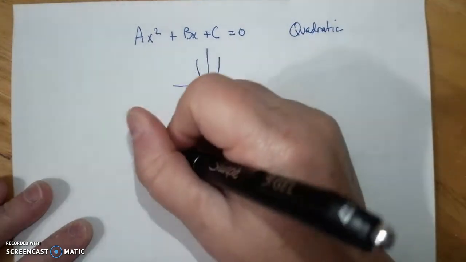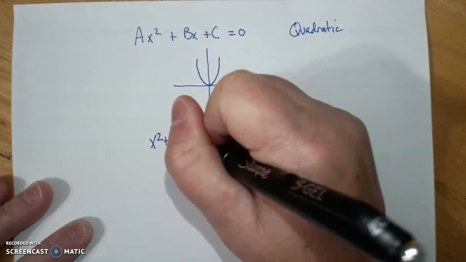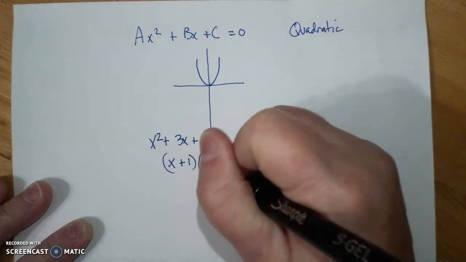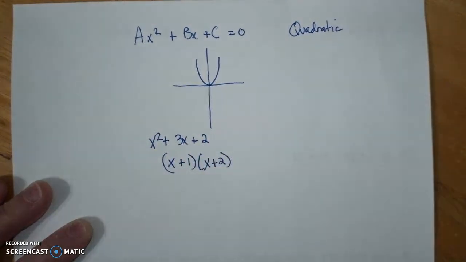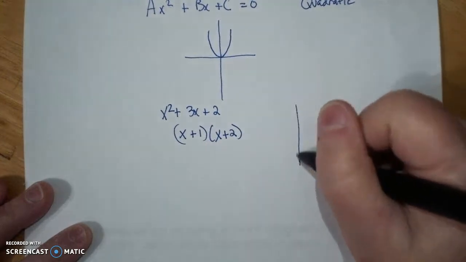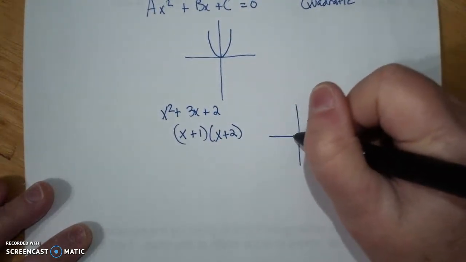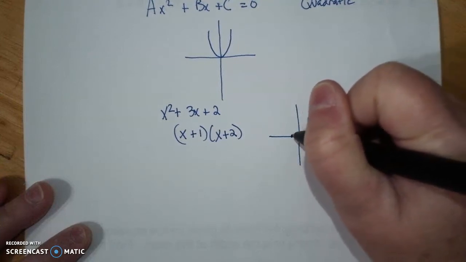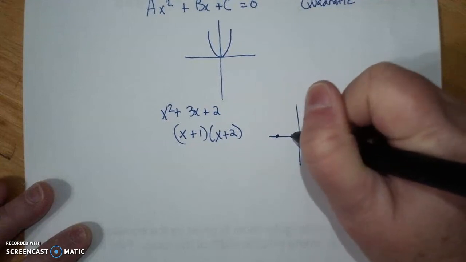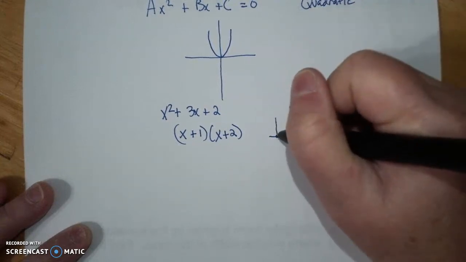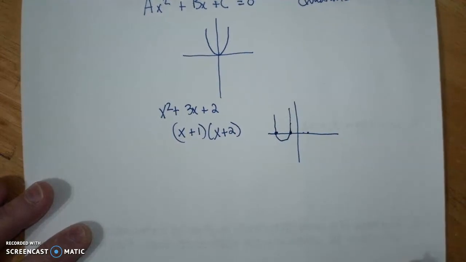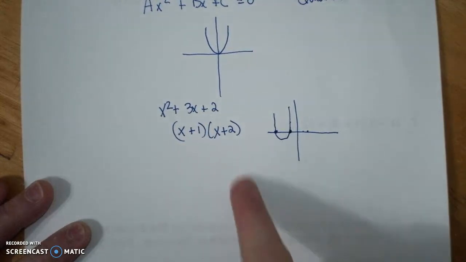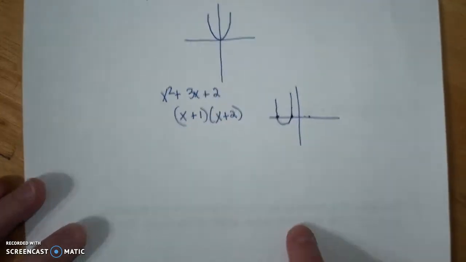But when you factor x squared plus 3x plus 2 into x plus 1 and x plus 2, I can easily graph this, and I know that it looks like this. So we're going to take this information and find the points.